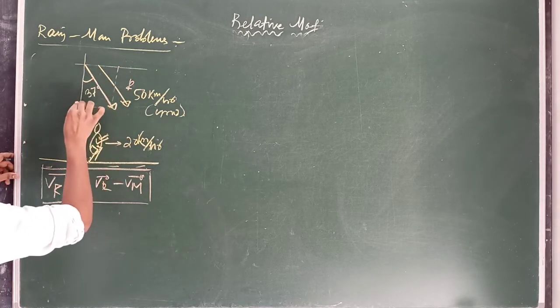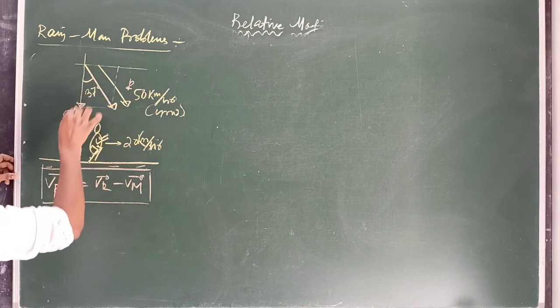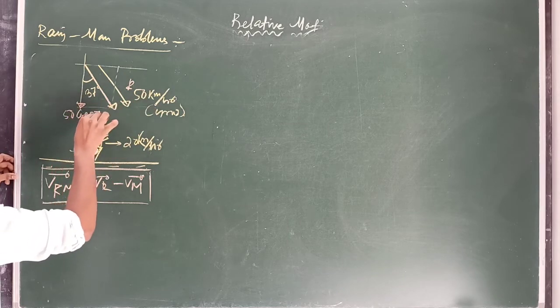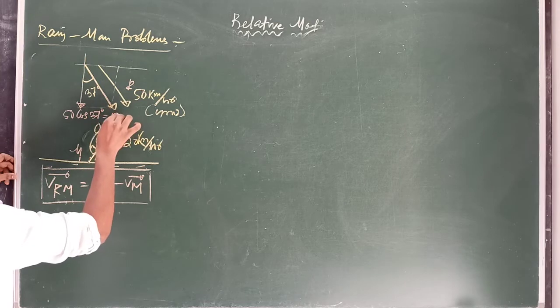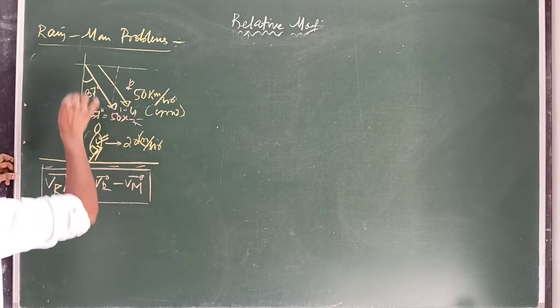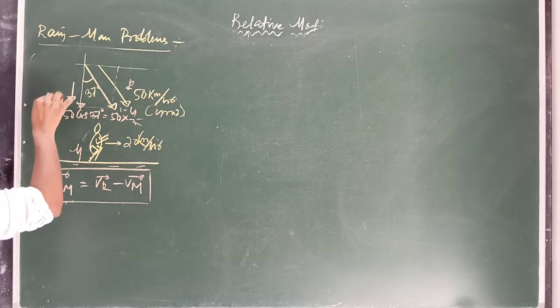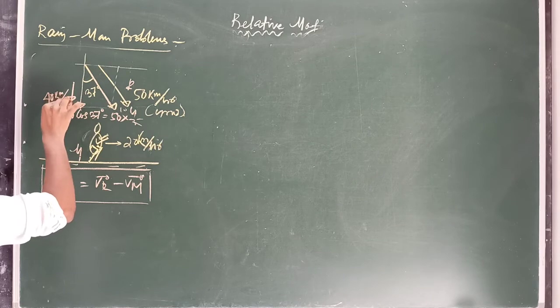Its component along this direction will be 50 into cos 37 degrees, which is 50 into 4 by 5, that is 40. In this direction, the raindrop is falling with a speed of 40 kilometer per hour.